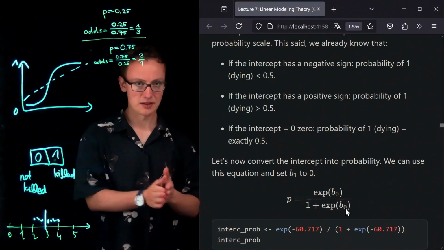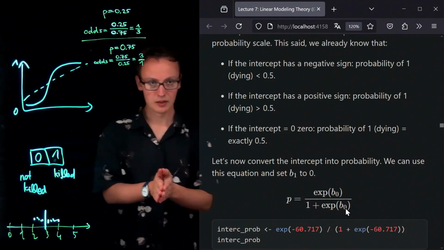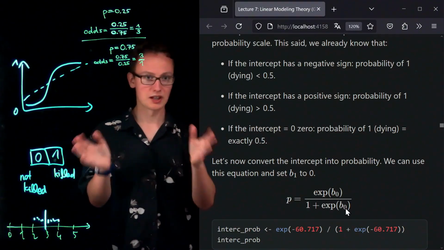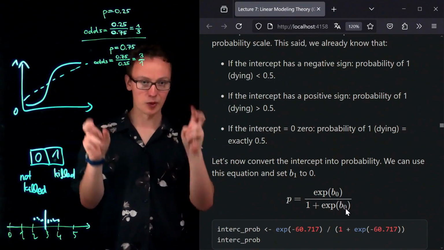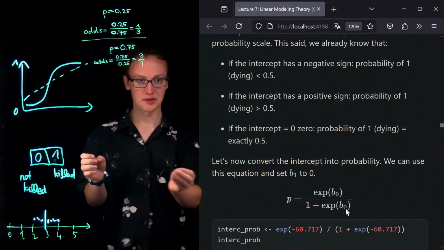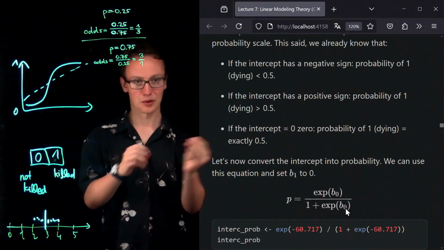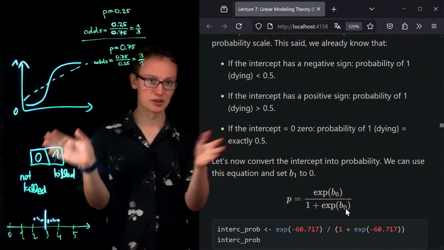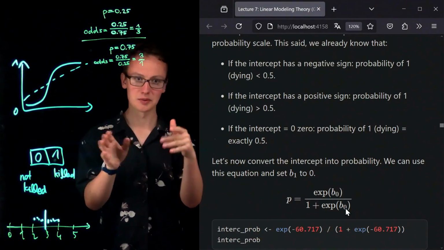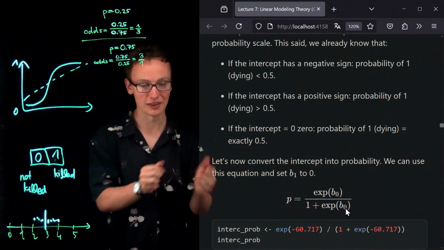This gives us the probability corresponding to the intercept, the hypothetical probability of getting killed when the dose was exactly 0, which is quite far off from the actual dose values from like 1.7 to 1.8 or 1.9 in the data set.